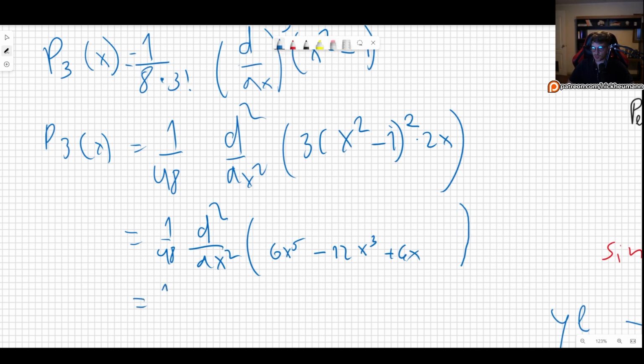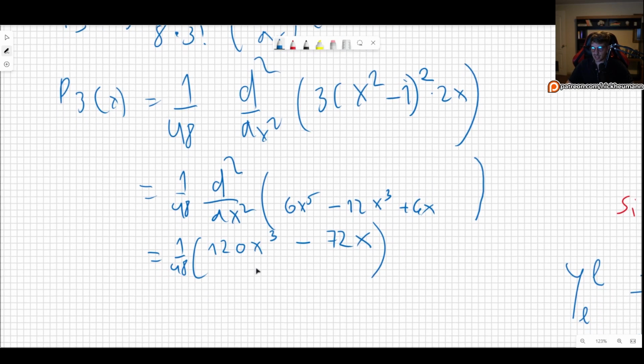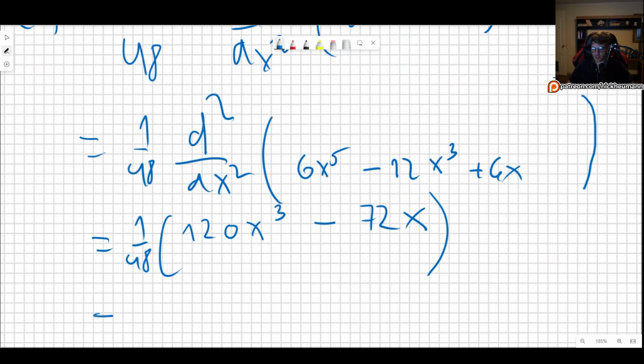So this would be 1 over 48. Now let's derive twice. So we get 6 times 5 times 4. 6 times 5 is 30, so that's 120x cubed, minus 12 times 3, which is 36, times 2, which is 72, x, and this goes to 0. All right, so we can do a little bit of simplifying here. 4 I think is the easiest.